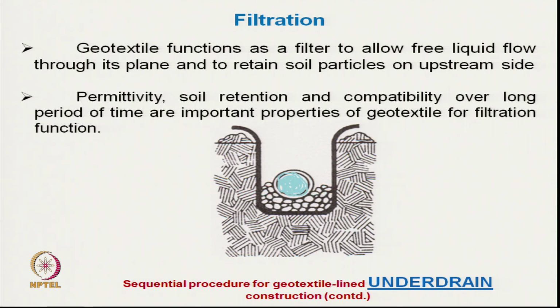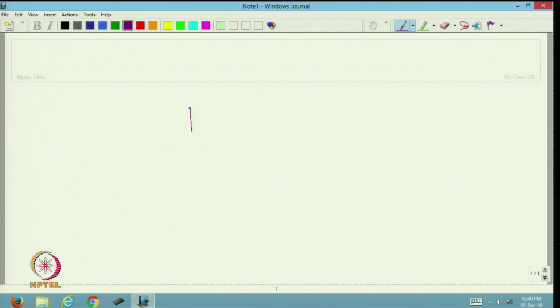In drainage, this is the under drain, where this is soil, and we use geotextile for filtration, and this filtration is required for drainage applications.